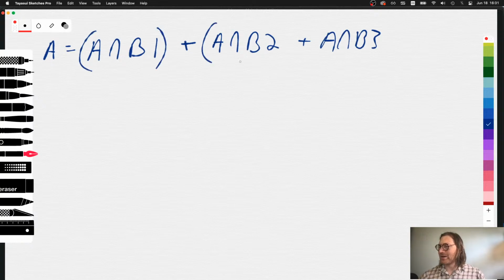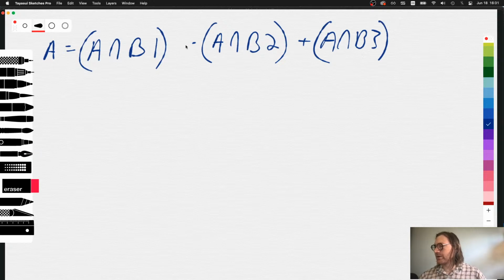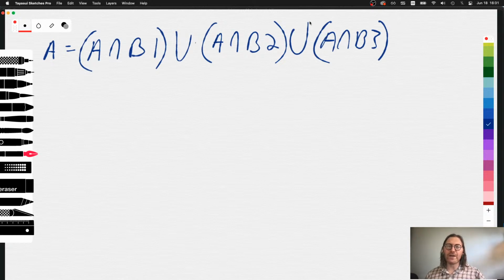I'm mixing my operators. To be very clear, what I meant to put there is union. So these are all unions. And that makes sense, right? We're unioning all these parts of A, and those parts are just the intersections between A and the specific regions of S, B1, B2, and B3.